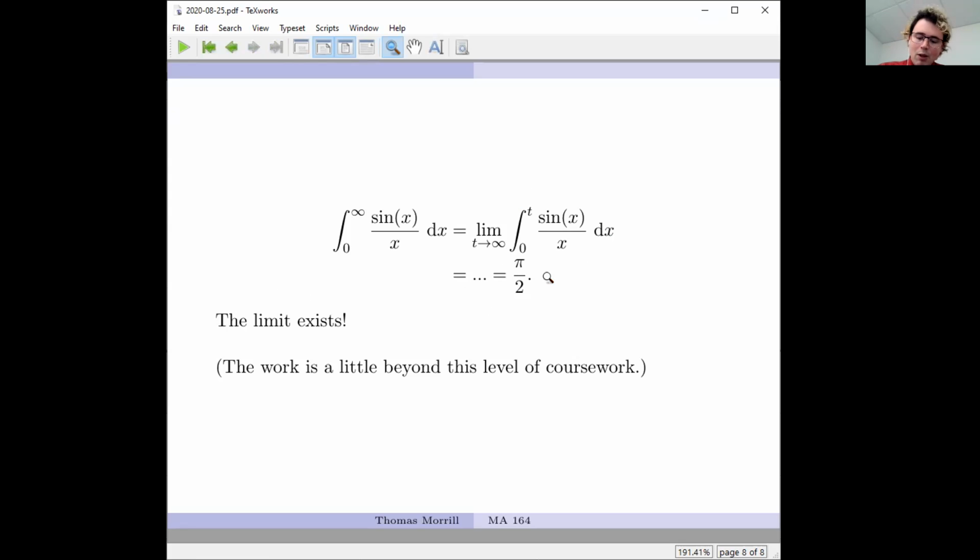So we can calculate improper integrals, integrals that don't let us do the fundamental theorem of calculus, by remembering that limits exist and thinking about taking the limit of quote unquote proper integrals.